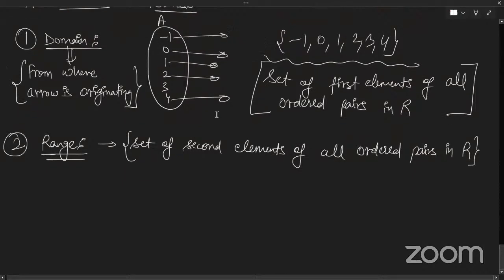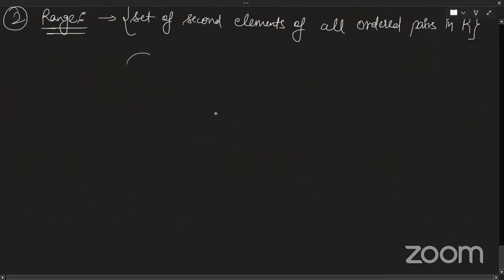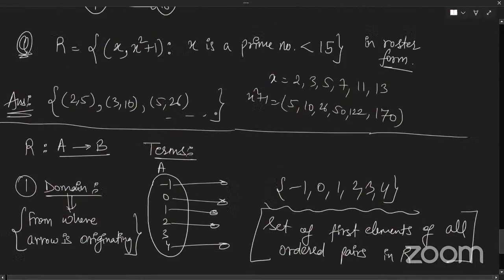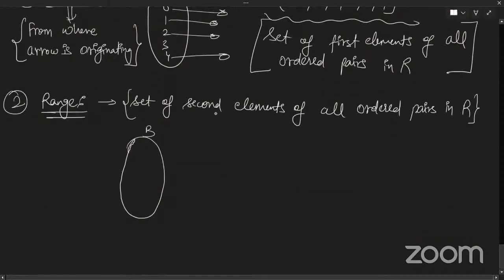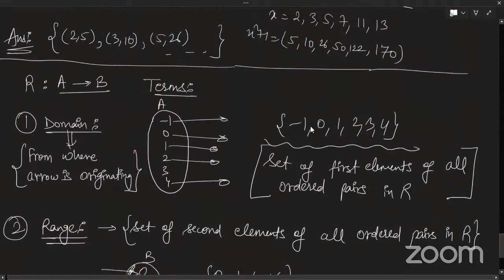So if I draw B over here in this arrow diagram, it was 0, 1, 4, 10, and 16. One arrow was ending at 0, one at 1, one at 4, and one at 16. So its range would be 0, 1, 4, and 16. Only this. 10 will not be included.